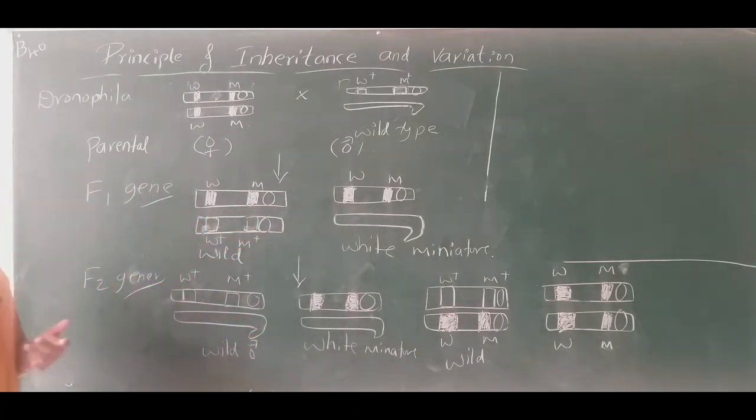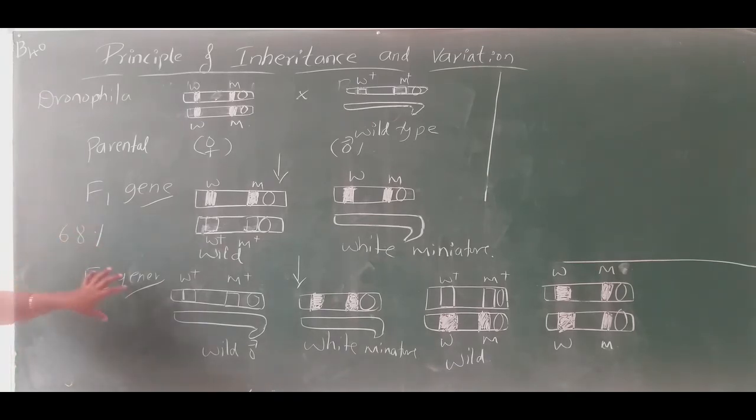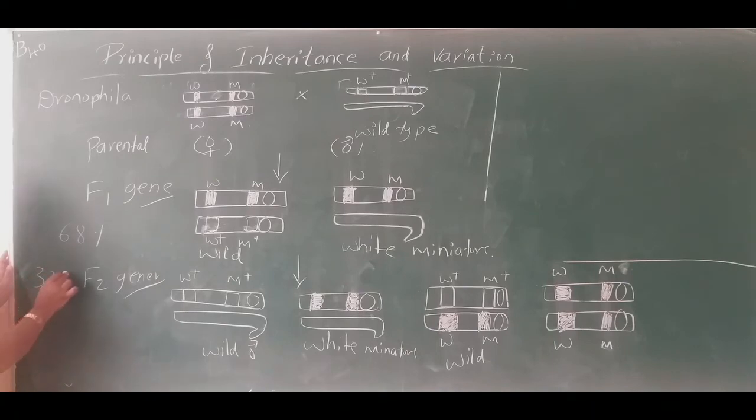What did we get? Only 68% of the offspring resemble the parent. The 32% of the offspring became recombinants. Why?